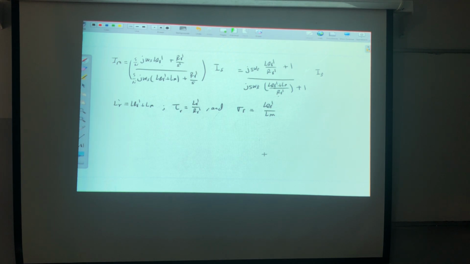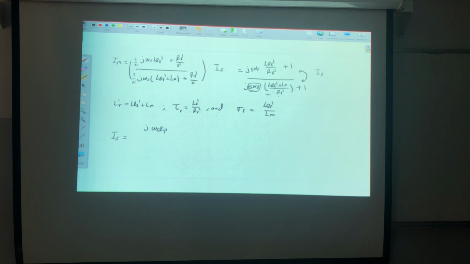Now what I will do, the first thing, I will try to write Im in terms of Is. So I will switch those. Here Im is equal to, instead of j s omega s, I will put omega slip. Do you see this one?